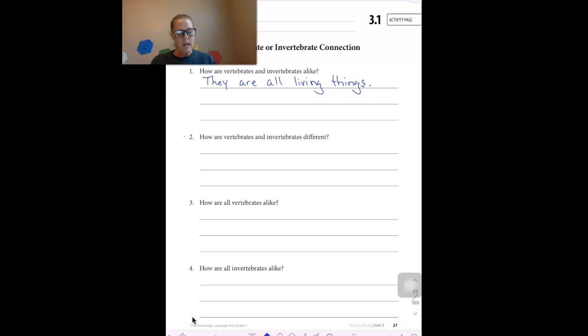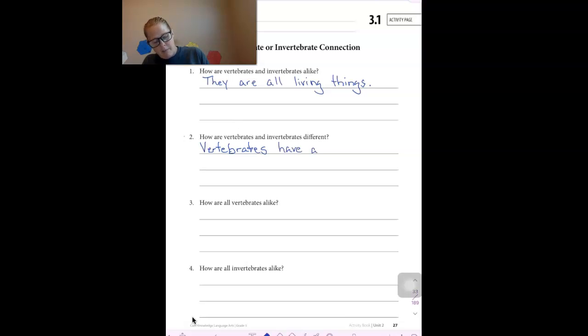Question number 2, how are vertebrates and invertebrates different? How are they different? If you said vertebrates have backbones and invertebrates do not, you're correct. So that's what we're going to write. We're going to write vertebrates, and this is great practice so that we're spelling our words correctly.